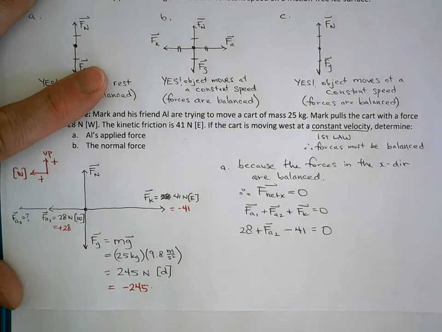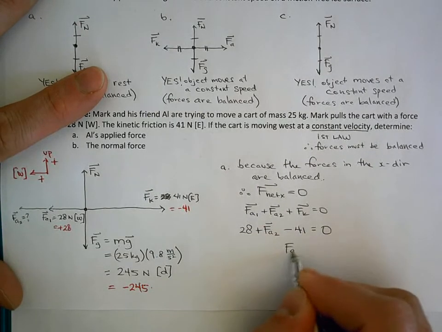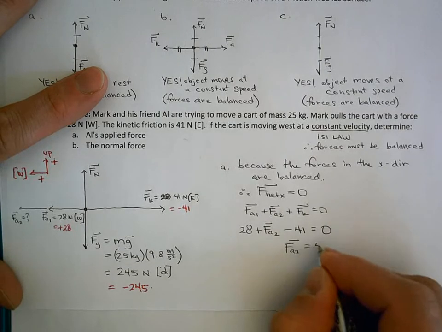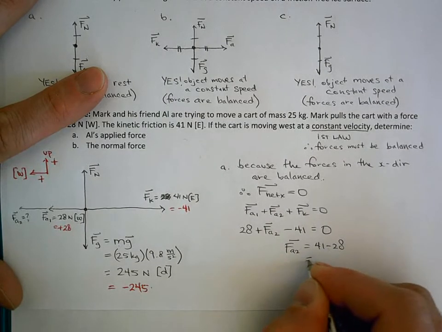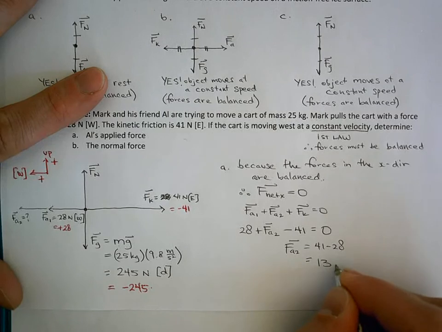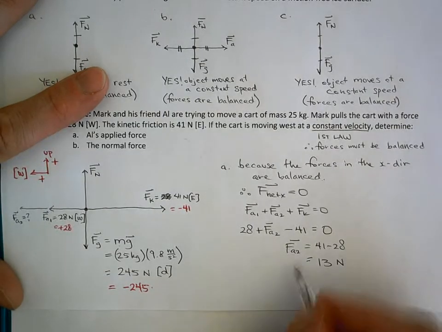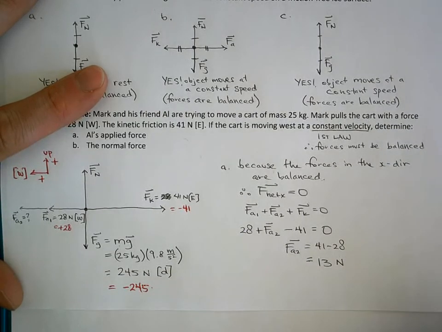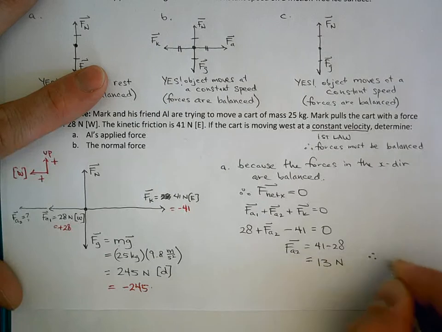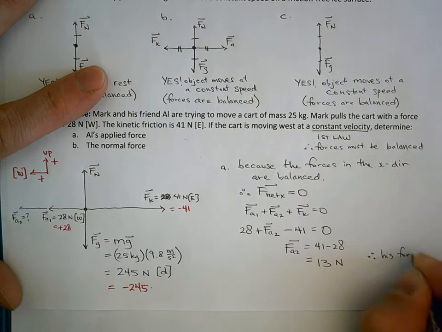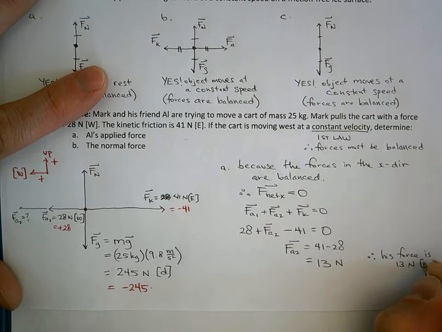Now when I solve this, I end up with FA2 equal to 41 minus 28, so I get 13 newtons. And it's a positive number, which makes sense because we know he's moving this way. Therefore, his force is 13 newtons to the west.